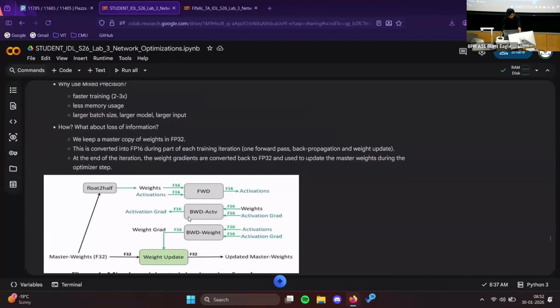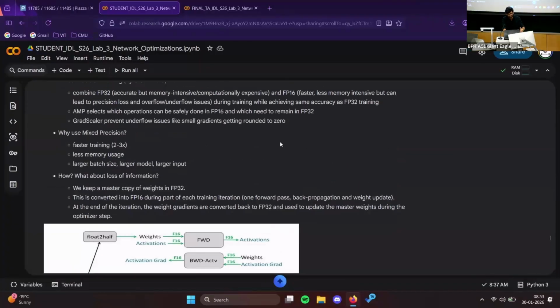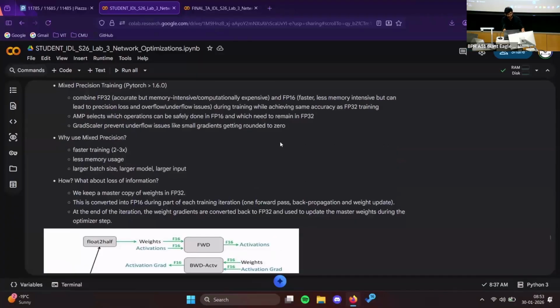But the problem here is that since the model is in FP16, which is half precision, there might be a problem of underflow when you're calculating the gradients, since the loss might be very low. So what PyTorch does is it scales the loss before calculating the gradients. That's where GradScaler comes into the picture. The GradScaler will scale the loss, and once the gradients are calculated based on the loss, the gradients will be descaled since they were scaled earlier.